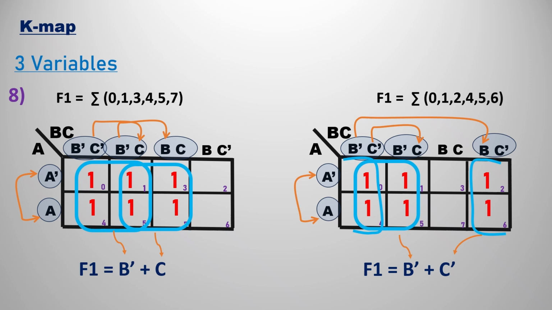The first group of 4 terms at a time, that is the adjacent type, gives B bar only. B bar is not changing. If you see the Karnaugh grouping, 0 4 2 6, B is changing definitely, and C bar is not changing. So that is our output for the second group, the Karnaugh grouping. The sum of those two becomes our output.